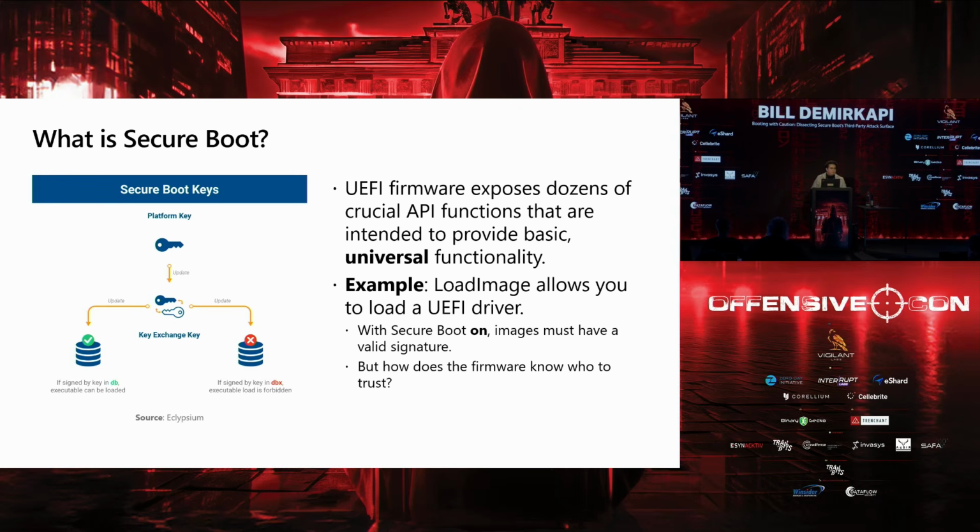So the UEFI firmware exposes dozens of crucial APIs in a universal and unified manner. For example, LoadImage lets you load a driver. With Secure Boot on, images must have a valid signature, but how does the firmware know who to trust?